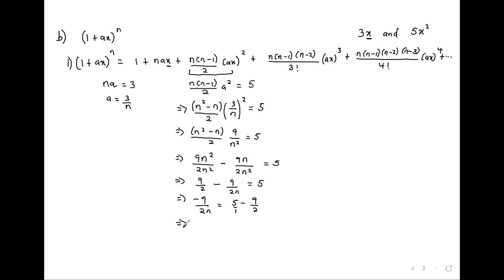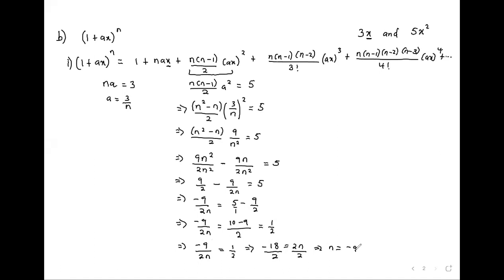So we have negative 9 over 2n is equal to 10 minus 9, which is 1 over 2. So negative 9 over 2n is 1 over 2. Cross multiply, we have negative 18 is equal to 2n, divide by 2, n is equal to negative 9.